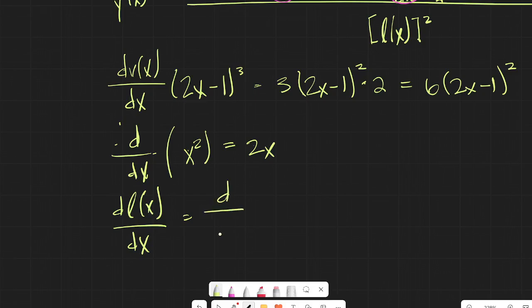This equals the derivative with respect to, I don't know why I put v's here. It should just be the derivative operator, and then this is v, derivative operator, this is u, derivative operator, this is L, and L is x squared plus 3 to the 4th.